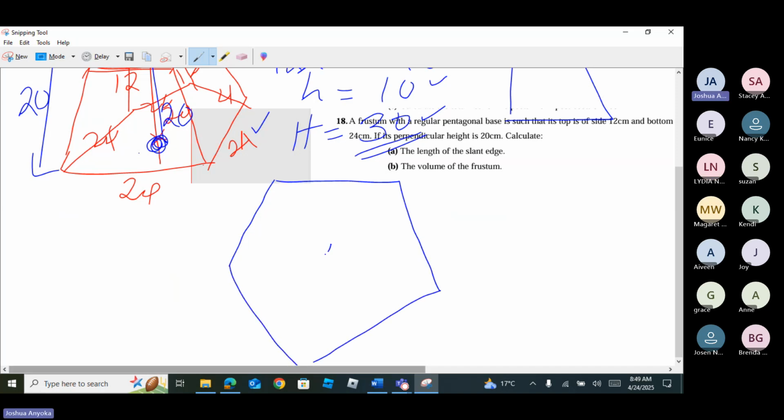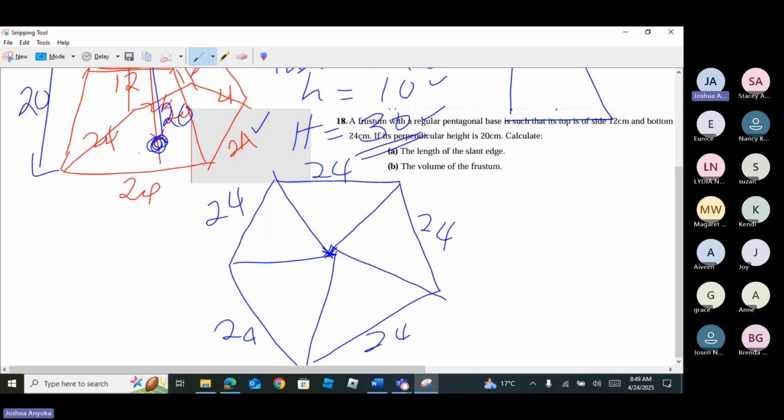We want the center. How do you find the center? This one is 24, this one is 24, this one is 24, and this is 24. We need the center, so we can join to the center and find this length.